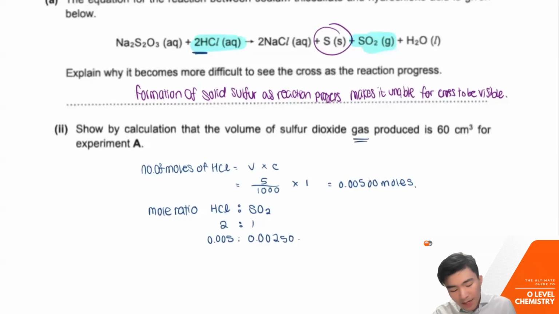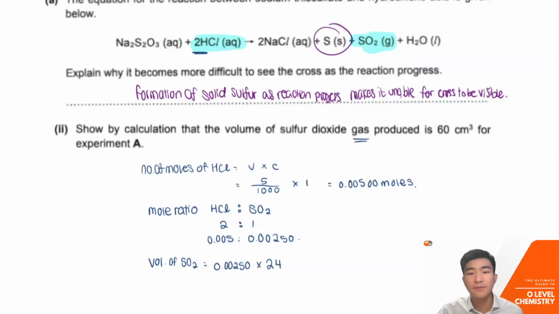Now they ask you to find the volume of gas. So the volume of gas will be equal to the number of moles multiplied by 24. This is the molar gas volume. 0.0025 multiplied by 24, you should get an answer of 0.06.